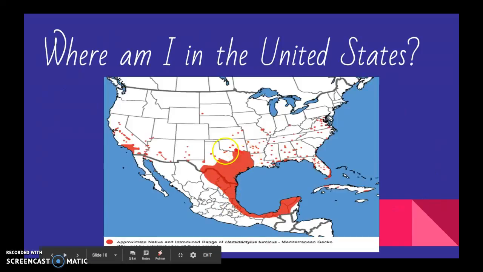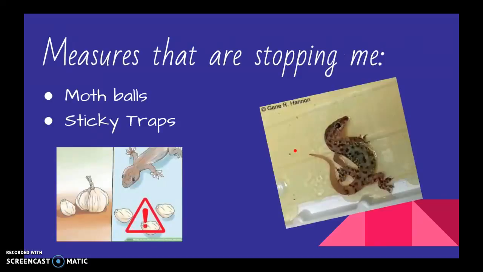In the United States, they live in places like Texas, Louisiana, Florida, and California. That's where they're mostly heavily populated, but as you can see, they're in more southern parts of the United States. Some measures that are stopping the Mediterranean geckos are putting mothballs in different buildings because it will hinder their entrance into the building, and having sticky traps laid out because it catches them quickly.